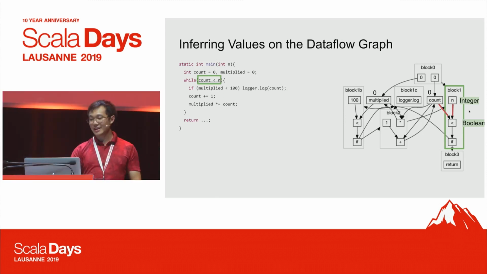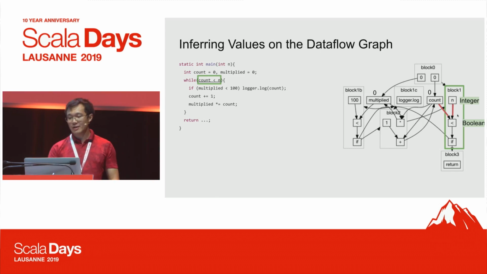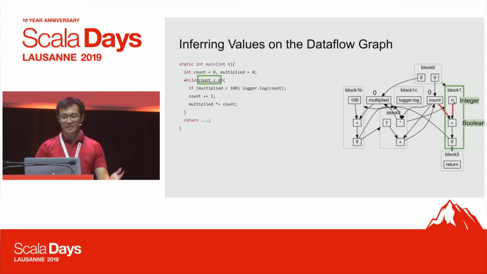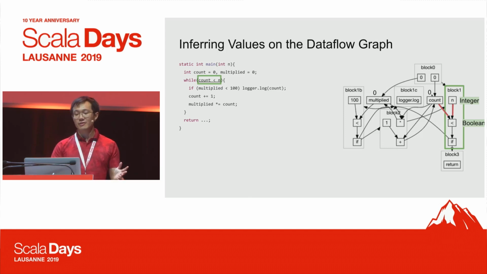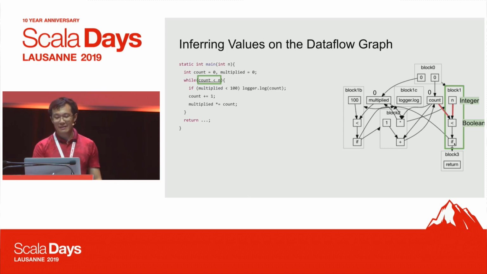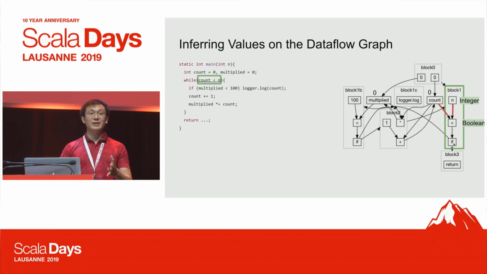That's highlighted here in the data flow graph. I know that n is an arbitrary integer because it's an input parameter, I don't know what it is. And I know count is 0 from earlier. So I know less-than between an arbitrary integer and 0 gives an arbitrary Boolean. That goes to the if statement. I don't know what it's going to do in the if statement, but I need to analyze both cases.